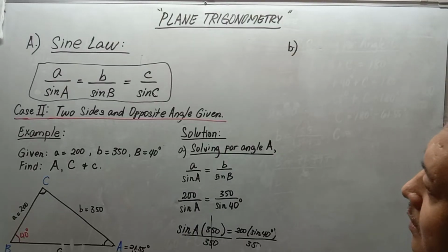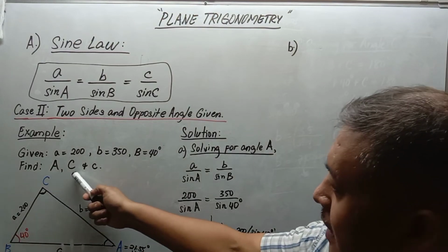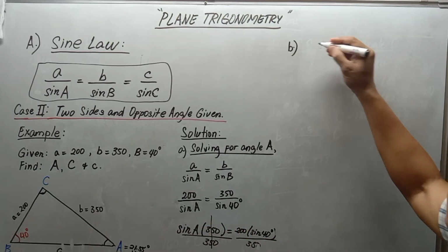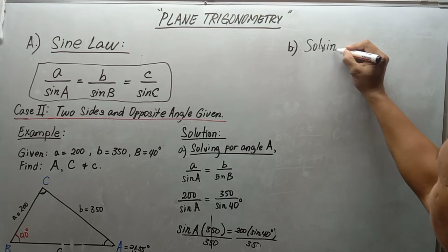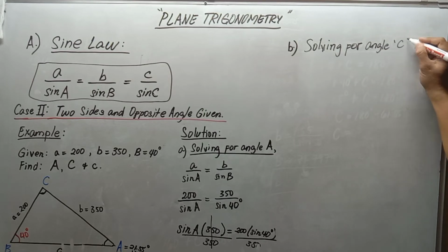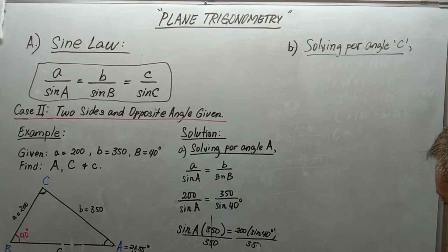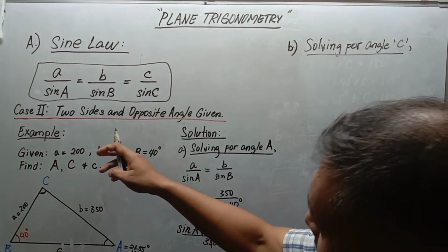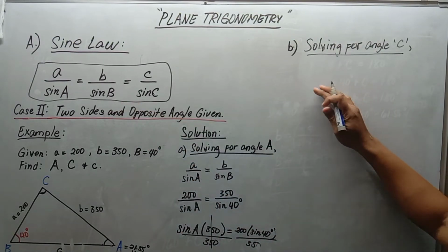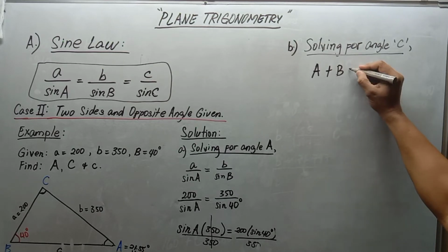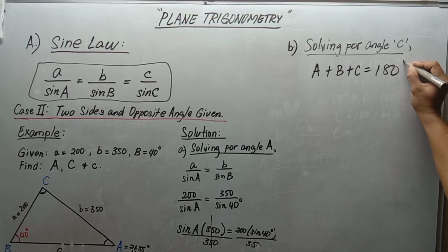Now our second requirement is to solve for the angle C, since we already calculated the angle A. Now, solving for angle C, since we have already solved angle A, we can use the same equation, A plus B plus C is equal to 180 degrees.